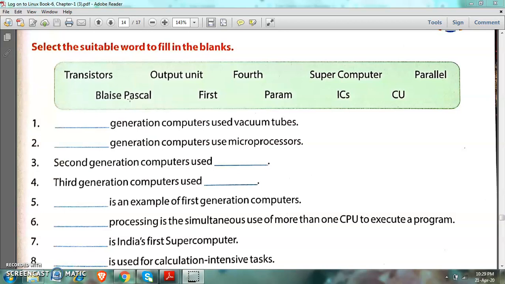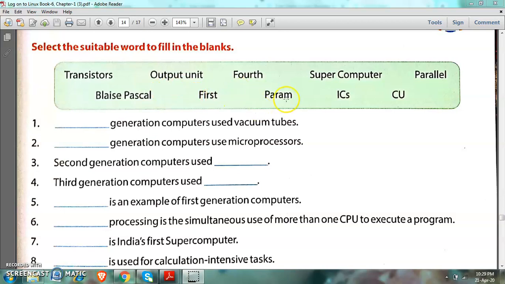First is transistors, output unit, fourth, supercomputer, parallel, and this correction I have done, this is not Blaise Pascal, it is ENIAC. All letters are in capital as it is the name of the computer and it is the short form.